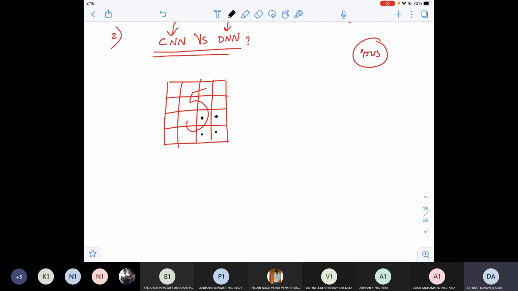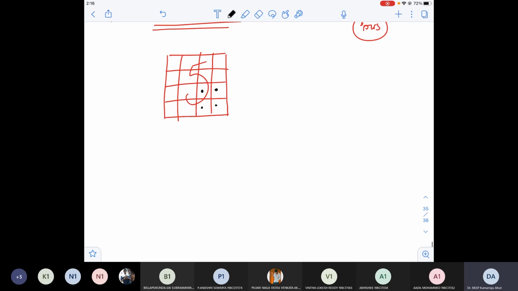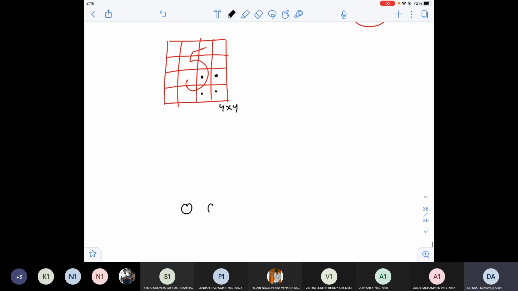Now, how do I represent the convolution operation in a deep neural network? In a deep neural network, you know there will be inputs. So how many inputs do I have? 1, 2, 3, 4, four fours, 16. So let me create 16 input neurons.